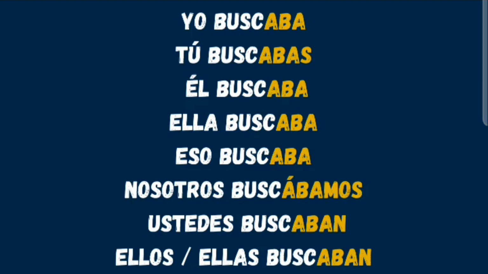Then the personal pronoun you in the plural form, ustedes buscaban. It ends with -aban. And then the personal pronoun they, ellos or ellas buscaban. The ending is the same.